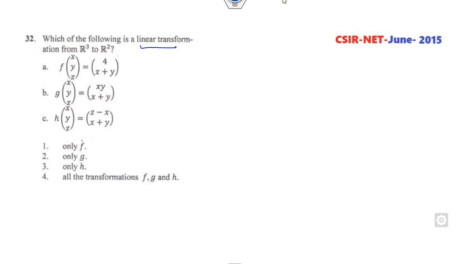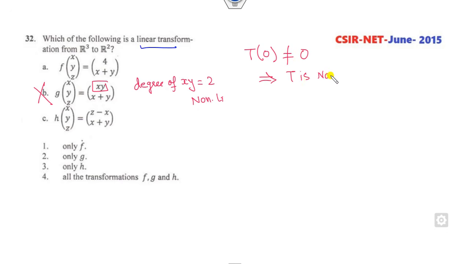Which of the following is linear? Very simply, see that xy has degree 2, so it is non-linear, and this option is cancelled out. What is linear? If T of 0 is non-zero, then we call T non-linear. So what is the meaning of that?